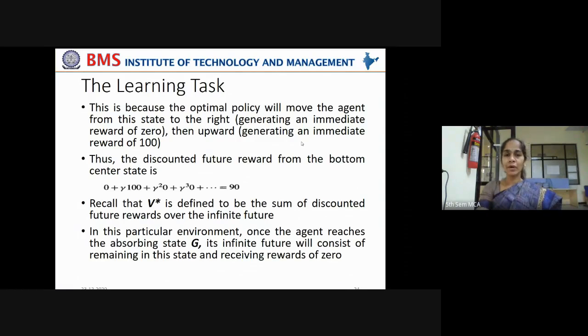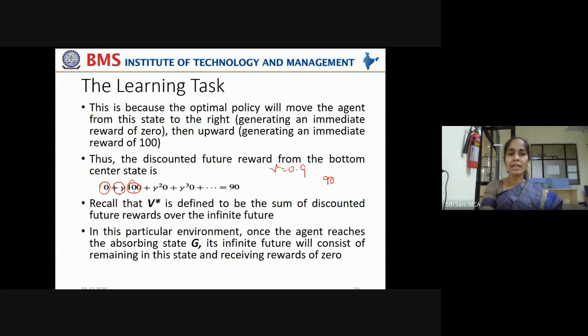Thus, the discounted future reward for the bottom center state. What is the bottom center state? 90, right? So how is that calculated? It is calculated as immediate reward is 0, delayed reward is gamma, and this gamma is the discounting factor, which we have taken as 0.9.